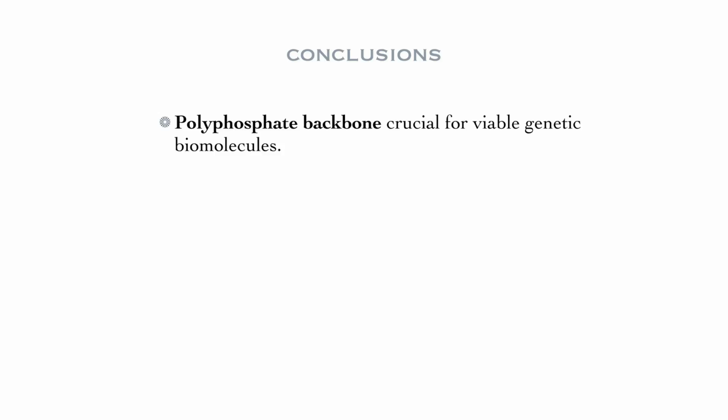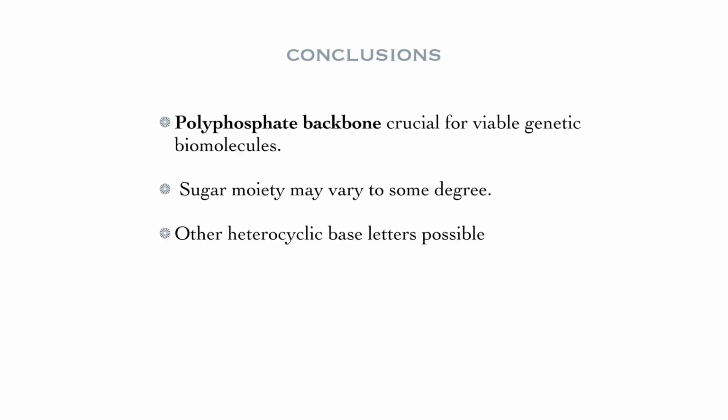And so the conclusions: the polyphosphate backbone is crucial for all genetic molecules. The sugars can vary to some degree, as we saw in the work of Albert Eschenmoser and Philip Holliger. And other heterocyclic base letters are possible. We've seen the work from Stephen Benner and indeed Floyd Romesberg.